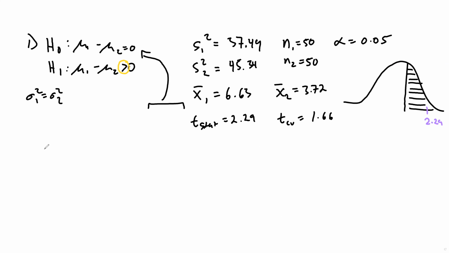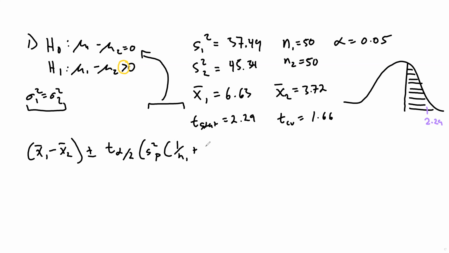Now, the formula for, again, assuming equal variance for a confidence interval is this: x bar 1 minus x bar 2 plus or minus t of alpha divided by 2, comma, our pooled variance, s squared p, this is pooled variance, 1 over n1 plus 1 over n2, it's the square root of this.